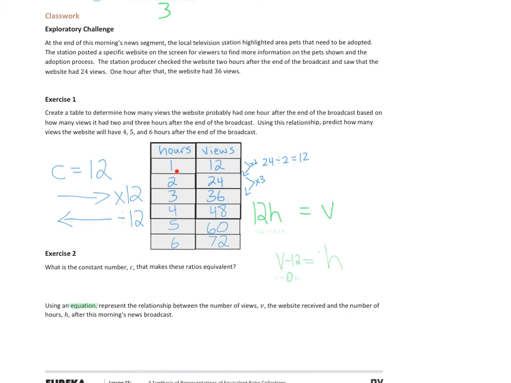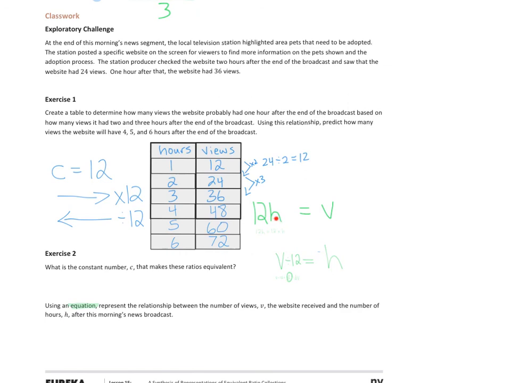How do I get from my single unit to my multiple units? In this case, from 1 to 12 is times 12. I can then apply that constant number C to a formula or an equation using an abbreviation of those categories. So hours, H, views, V. And looking at the relationship of how do I get from one side to the next, I apply the multiplicative relationship of C to those.